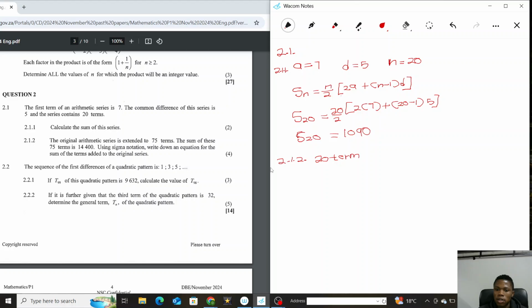Therefore, it's extended to 75 terms, which means they have added 55 terms to the original terms. They added 55 terms, and they got 75 terms.